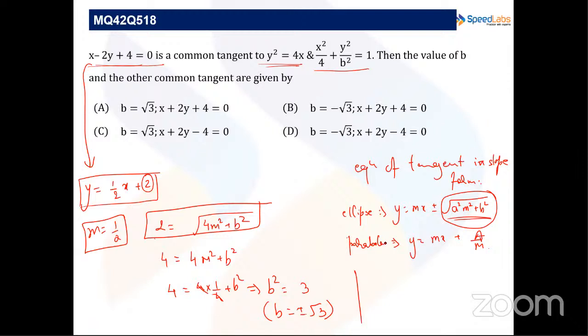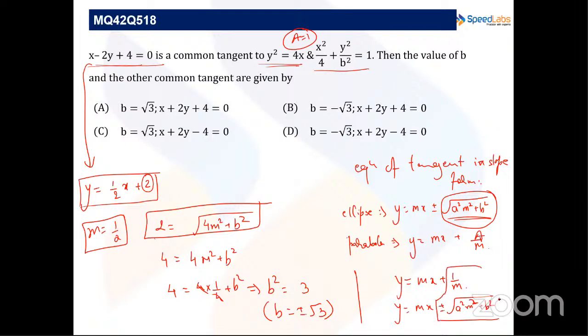Now we need to find the equation of the other tangent. Since we have m equals 1 by 2, for the parabola the equation will have a equals 1. So for the parabola, the equation of tangent will be y equals mx plus 1 by m, and for the ellipse we already have y equals mx plus minus under the root a square m square plus b square.